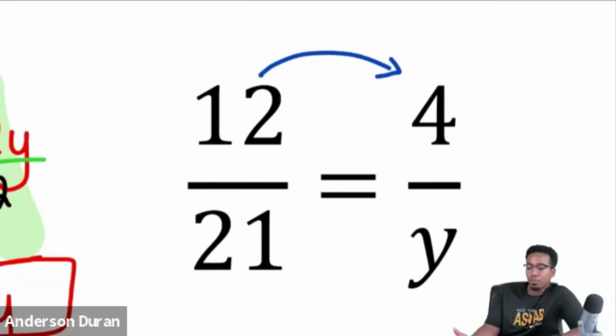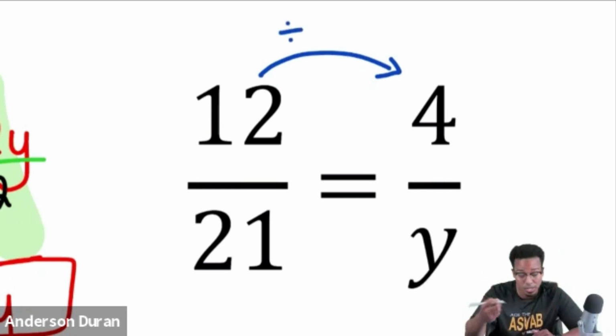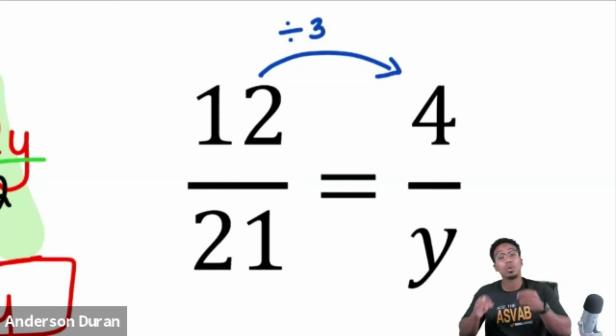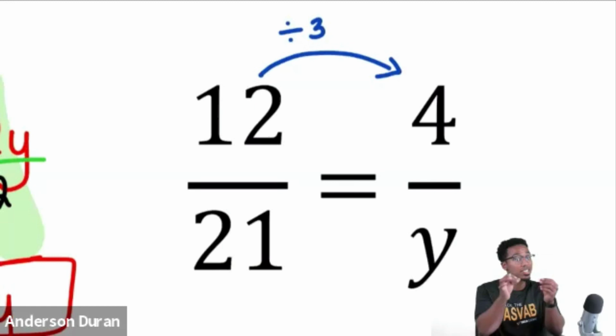Now you're saying 3, but what operation are you doing? Is it multiplication or division? Because either one can work. Which one is it? Divide. That's right. It's going to be divide by 3. So if I look at 12 to 4, the comparison is divide by 3. Now remember, everybody, we are comparing the same things in the same way.